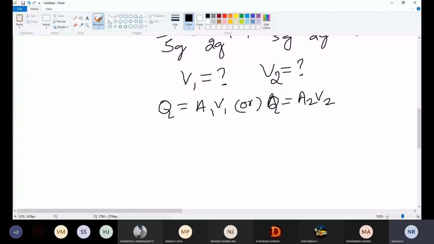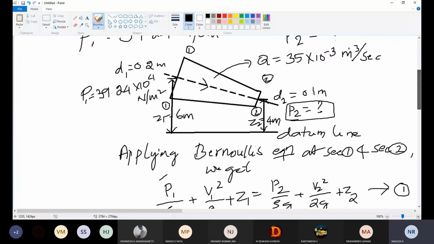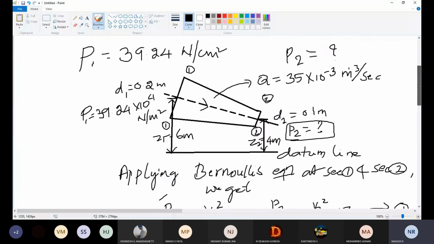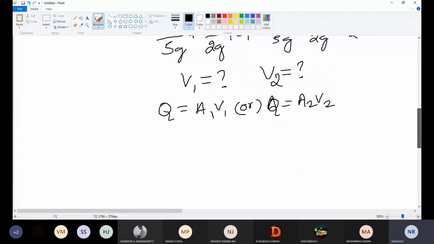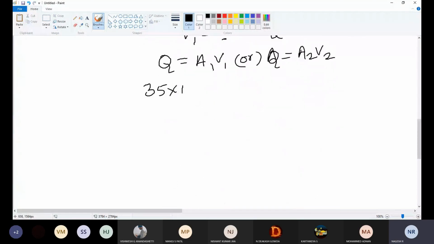From this I can calculate V1 and V2 because A1 and A2 are given and discharge is given. Discharge is 35 into 10 to the power of minus 3. Then area I can write as pi by 4 into d1 square, into V1.